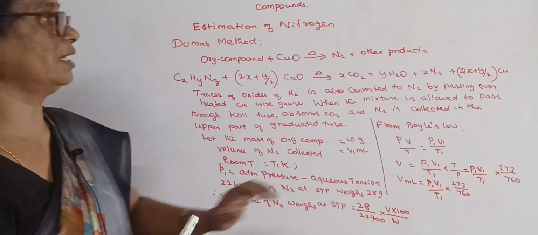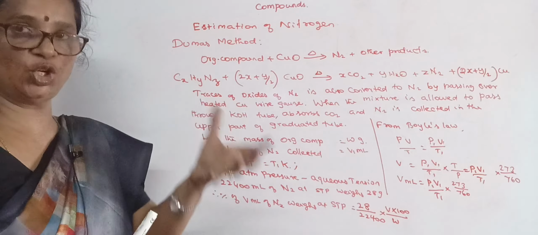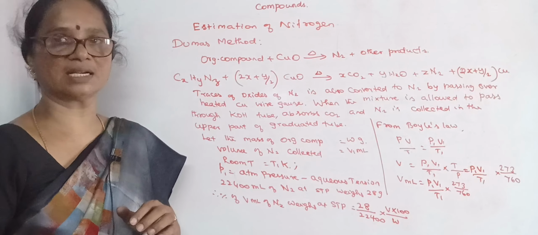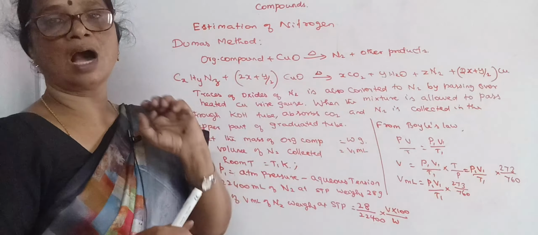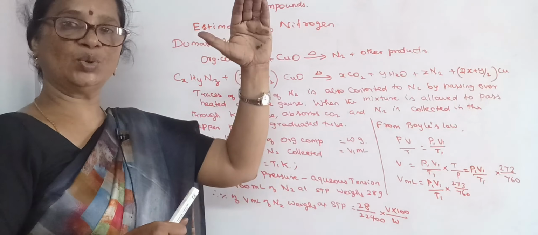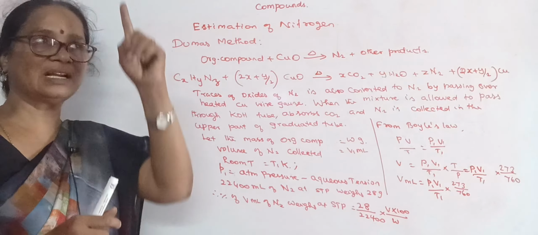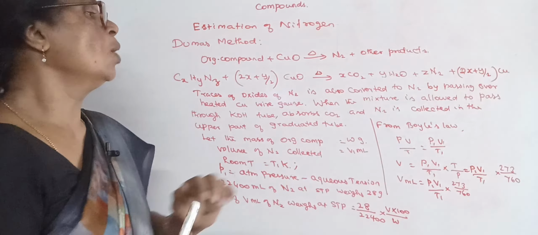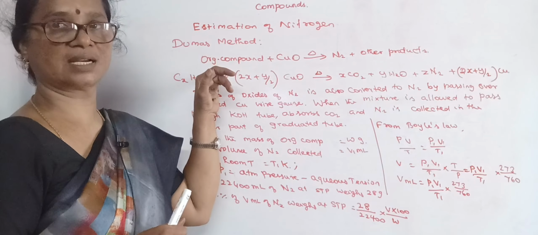Now, the liberated nitrogen is to be estimated. How is it estimated? All the gases are allowed to pass through the tube containing potassium hydroxide. The potassium hydroxide absorbs carbon dioxide, and the nitrogen gas is allowed to collect at the top of the graduated tube. From the graduated tube, you can find the volume of nitrogen produced during the reaction.